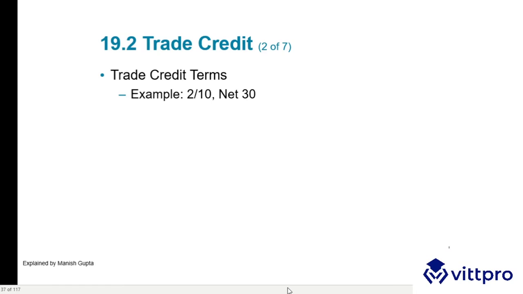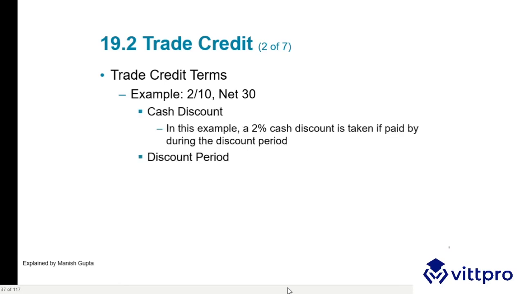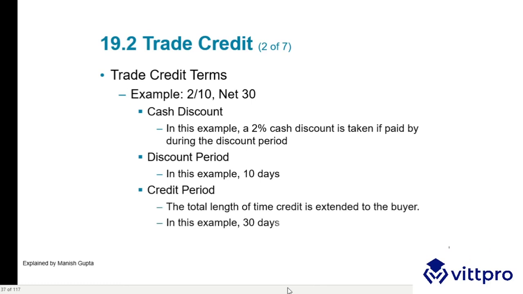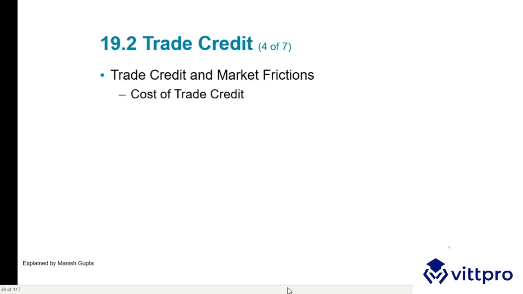We are giving them credit for 10 days, but if they pay within 10 days, we give them a 2% discount. If they don't pay in 10 days, they have to pay the full amount within 30 days. That's the meaning. So the cash discount is 2%, the discount period is 10 days, and the credit period is 30 days. There is a cost of the annual credit, right?